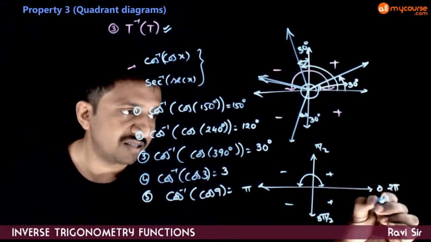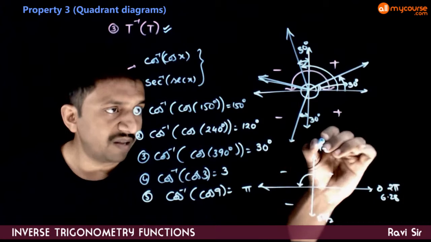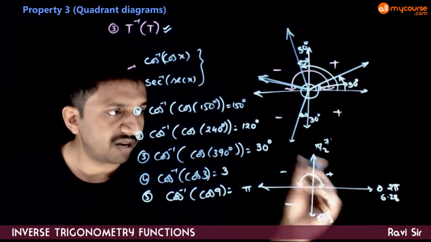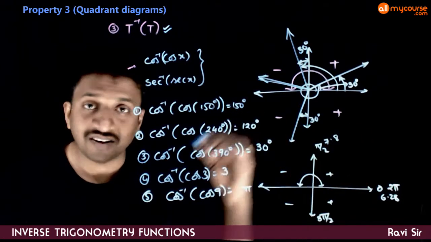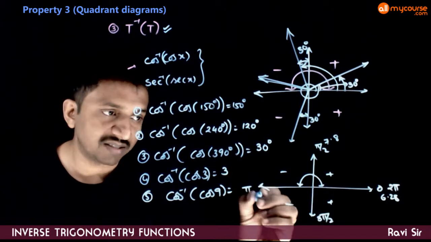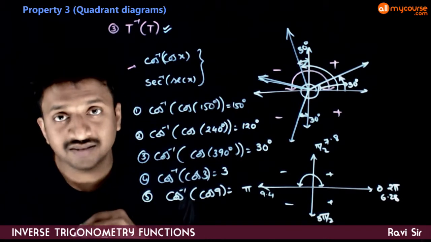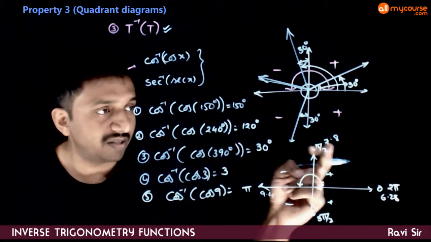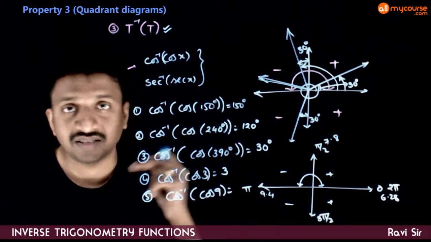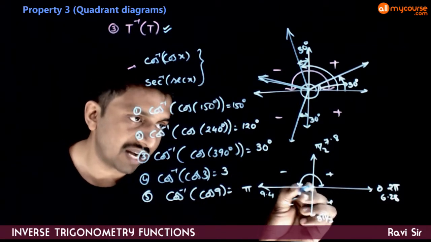This is 6.28 radians, plus 1.57, 7.8 radians approximately. Here it is 3 pi radians. 3 pi is 9.4 radians approximately. So this is 7.8 radians. This is 9.4 radians. So 9 lies somewhere in the second quadrant again.